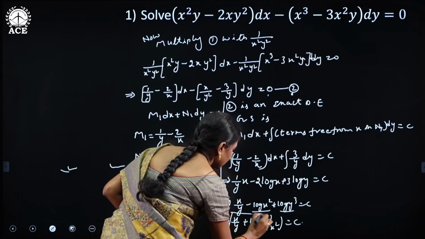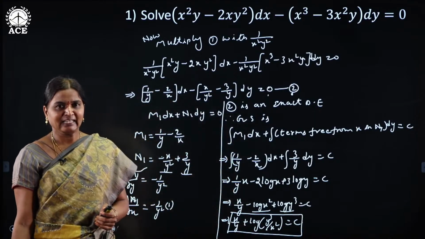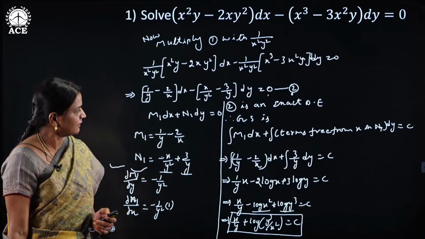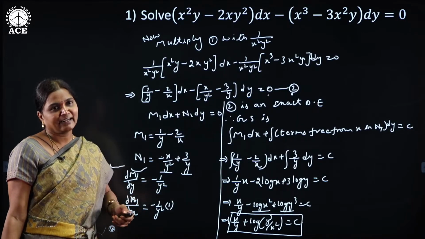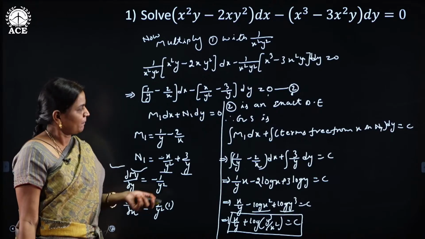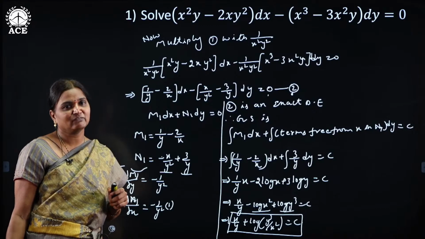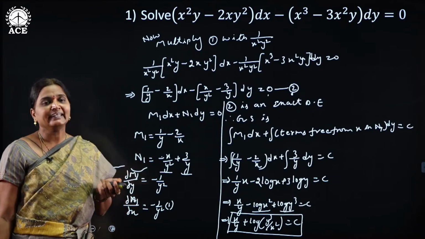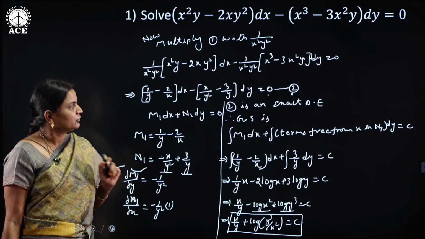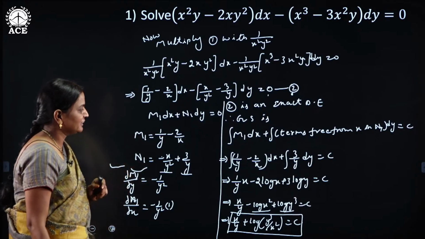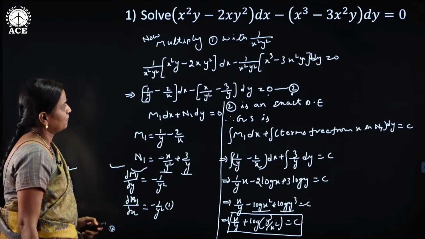This is the required general solution of the given differential equation. This is the procedure when a given differential equation is not exact. The important key point is to identify the nature of the non-exact differential equation. This is the procedure to find the general solution of a given non-exact differential equation.